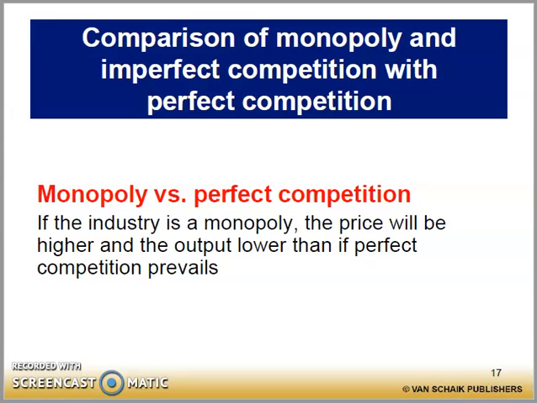Moreover, the comparison must pertain to the long run, since all possible adjustments can be made only in the long run. So we'll see after our analysis that if the industry is a monopoly, the price would be higher and output lower than if perfect competition prevailed, simply because a monopoly can control price and can basically increase price and reduce the amount of goods produced.